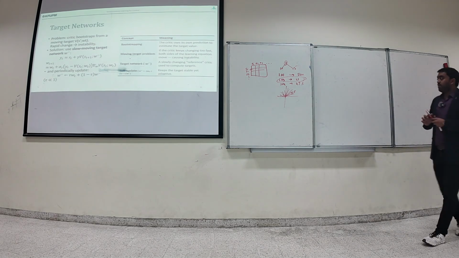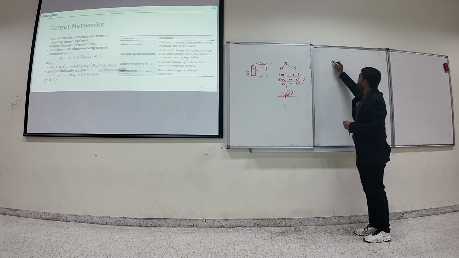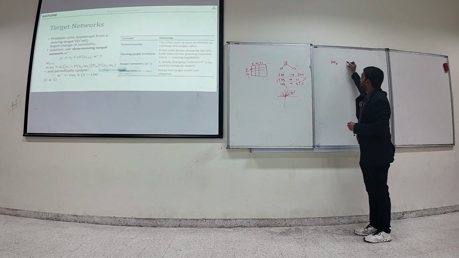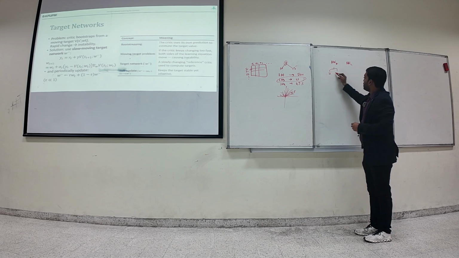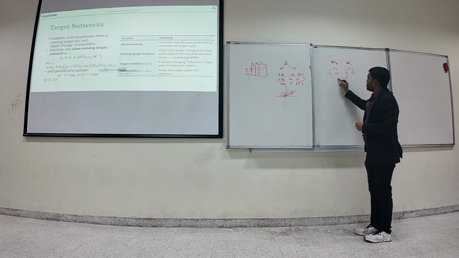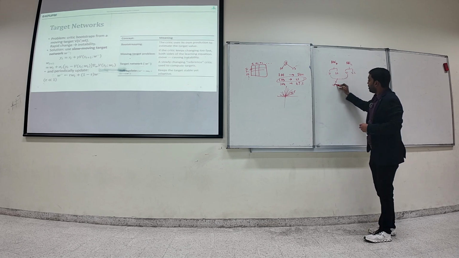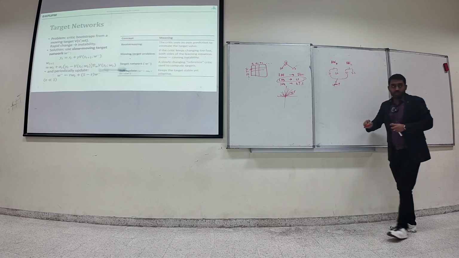Okay, so you use two sets of neural networks, say NNA and NNC, set 1 and set 2. Set 1 is updated more regularly.